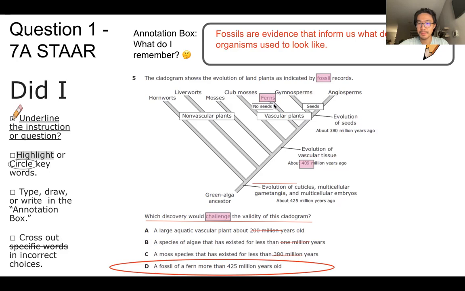If you find a fossil of a fern that is older than 425 million years, that would be right here. So that would actually challenge the cladogram, because according to the diagram, the fern hasn't been around for more than 400 million years, right? It kind of occurred right here between 400 and 380. So if you find something that's bigger than that, bigger number, which means older than that, that would actually challenge this diagram. So D.